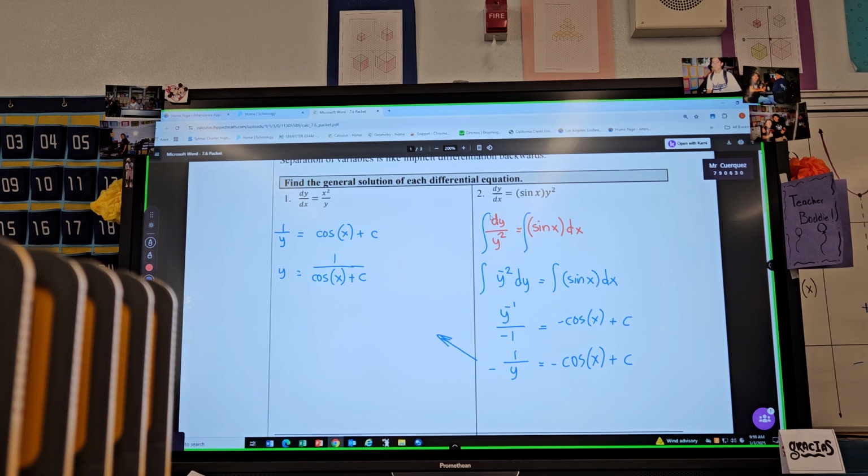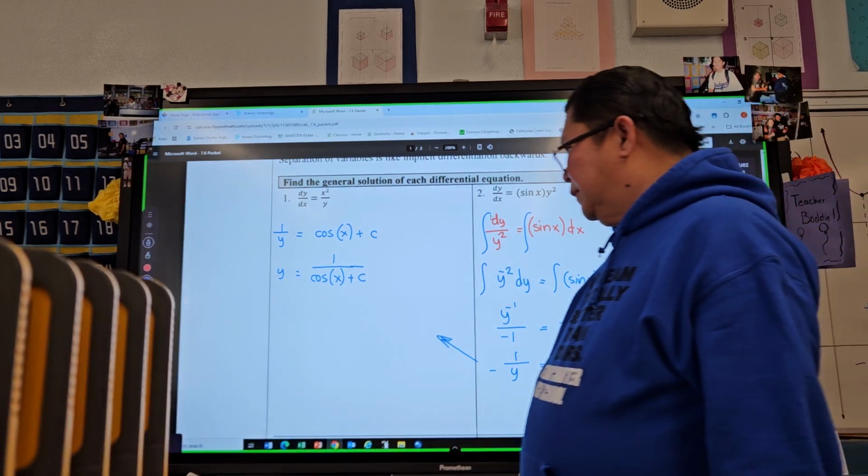Who has a good vision? Chris, you have a good vision? No? How about Brayden? So Alex, you can switch. You can move right there for a while. You can stay there so you can see. Okay.